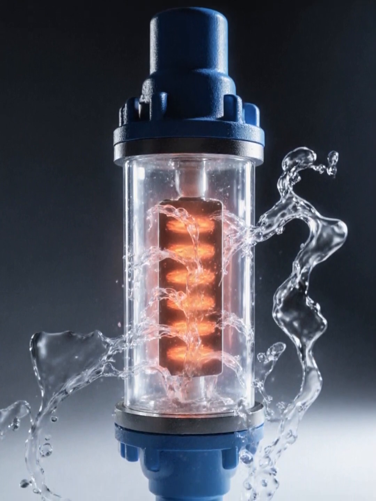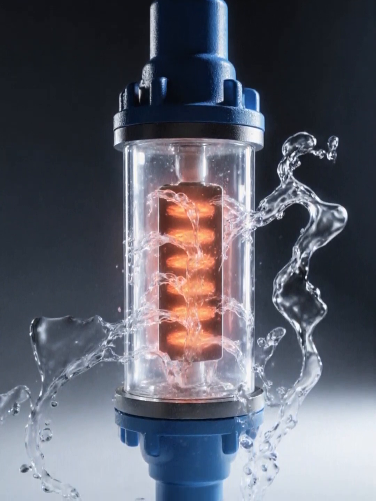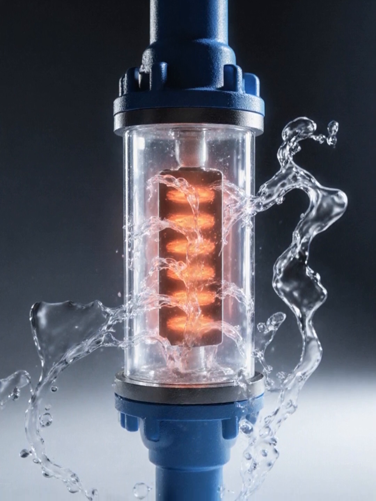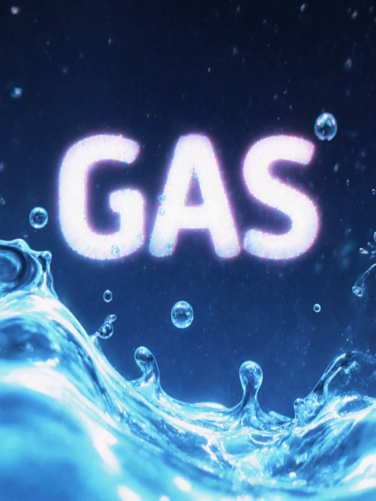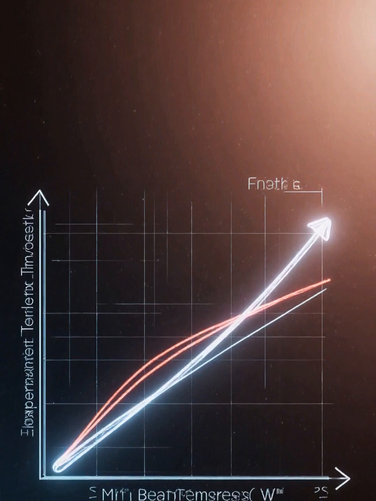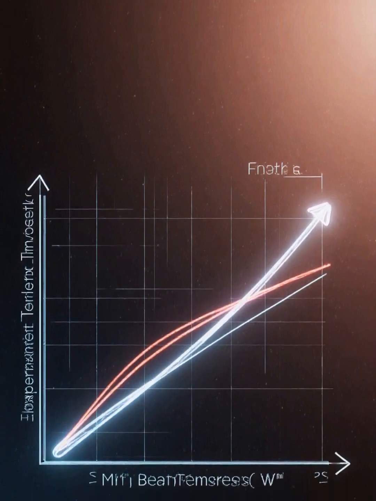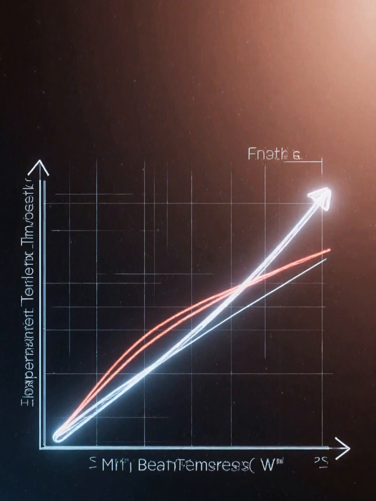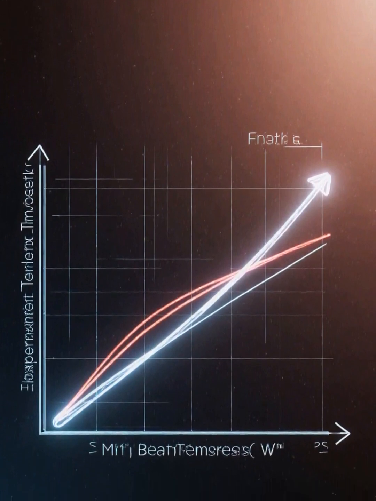When a gas flows over a heated element, it absorbs heat from that element. The rate at which heat is absorbed is directly related to the mass flow rate of the gas. As the flow rate increases, more heat is carried away from the heater, leading to a measurable temperature change.